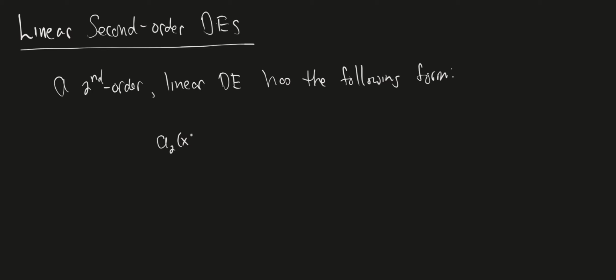So you have a function of x times the second derivative plus another function of x times the first derivative, and then another function of x times y, and then you could potentially have a function on this side. I'm just going to call it f of x, right? And so much like the linear first order differential equations, as far as the dependent variable and all its derivatives, we can't have terms that involve these functions with non-linear functions.